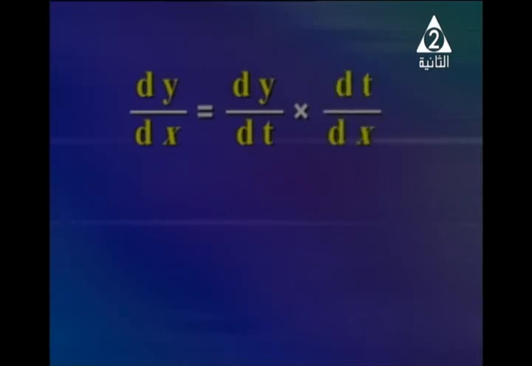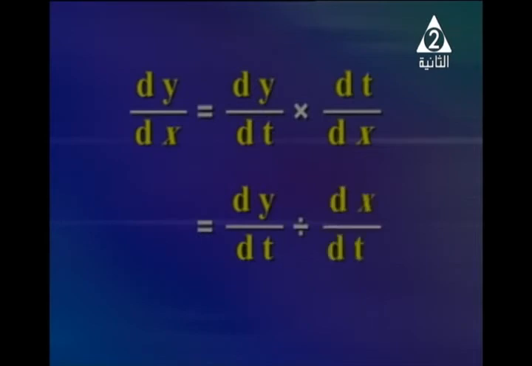Remember, dear student, we have a y function in t and an x function in t. When we find dy by dx, we find dy by dt multiplied by dt over dx. Left-hand side dy over dx, right-hand side dy over dt multiplied by dt over dx equals dy over dt divided by dx over dt.